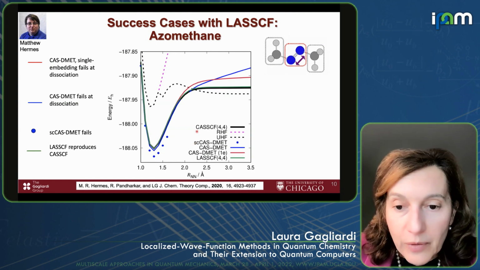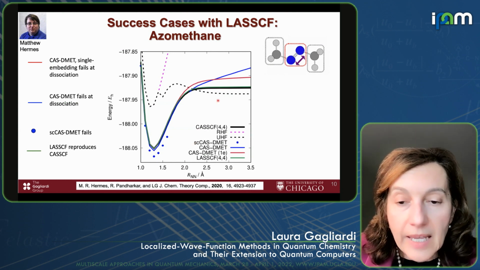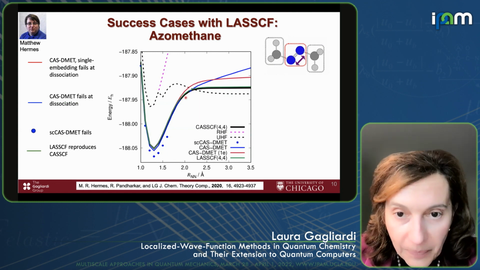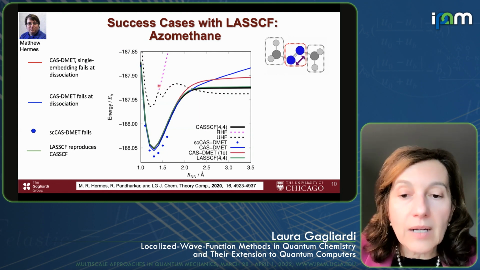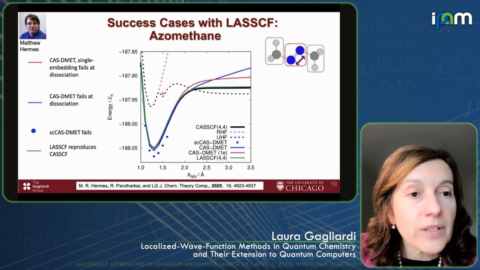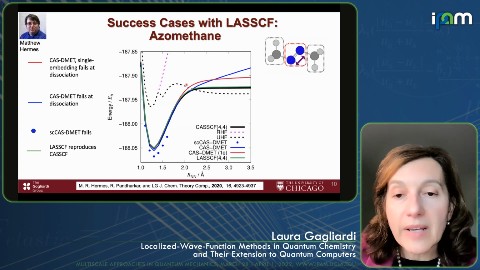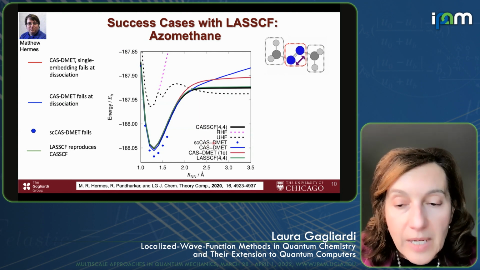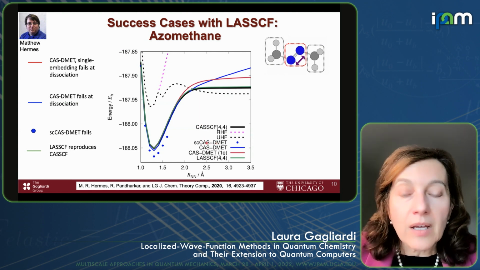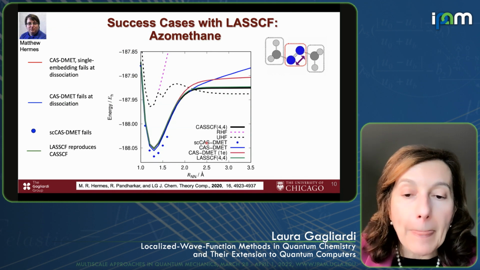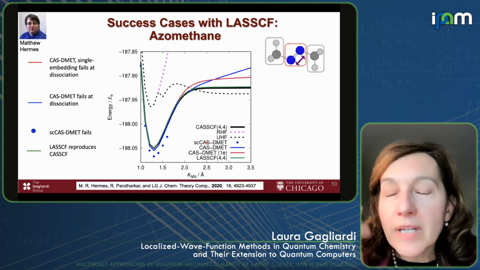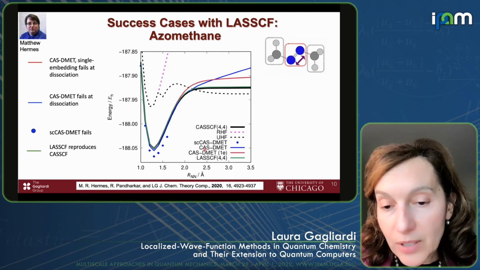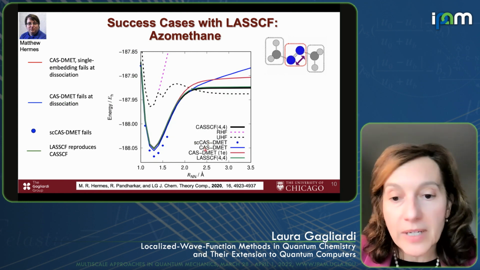The reference in this case is a CASSCF 4 in 4, the black continuous curve. And you see restricted Hartree-Fock, unrestricted Hartree-Fock, how miserably they fail. And then there are some flavors of density matrix embedding theory: a single-iteration procedure, and an iterative procedure.